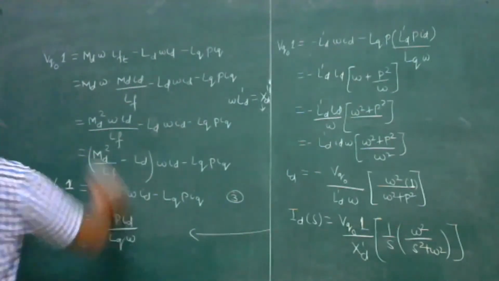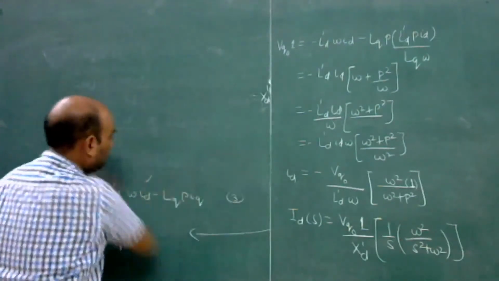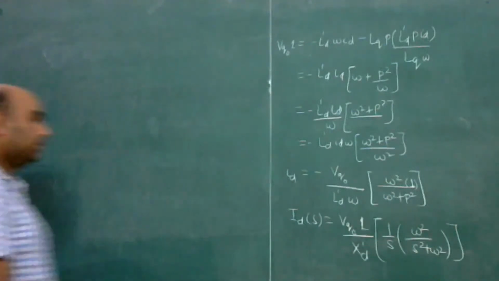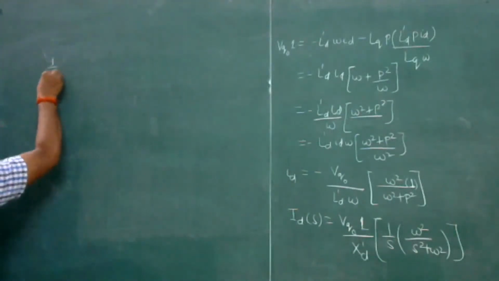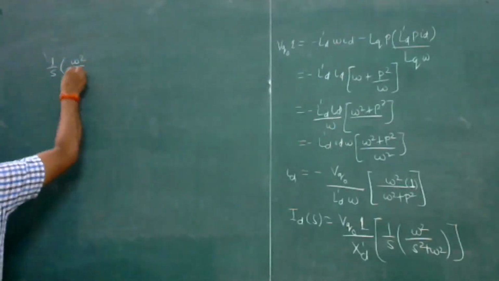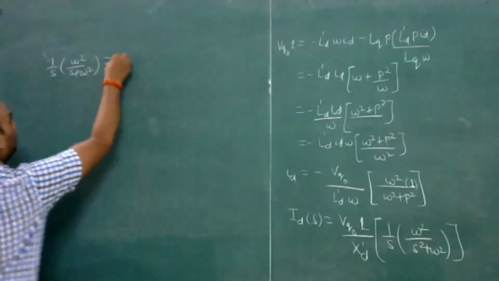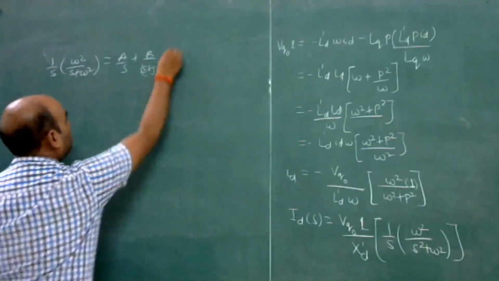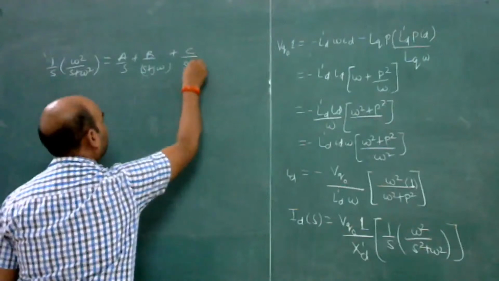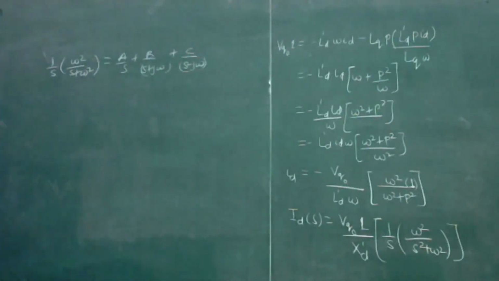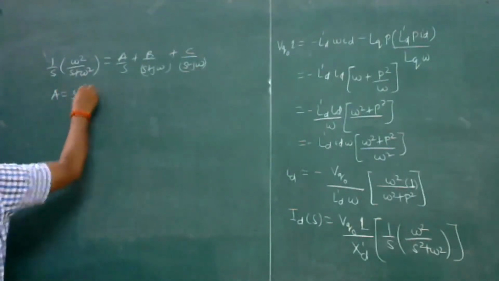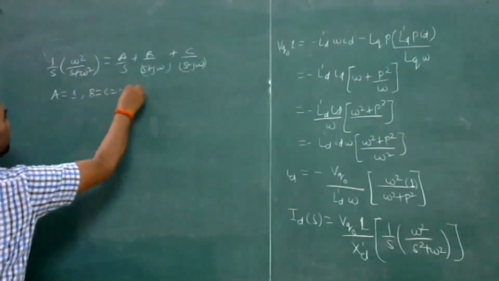Now, by using partial fraction, you can find the value of 1 upon s into omega square upon s square plus omega square, which will be equal to a upon s plus b upon s plus j omega plus c upon s minus j omega. Okay. So on solving this, a is equal to 1 and b is equal to c is equal to minus half.